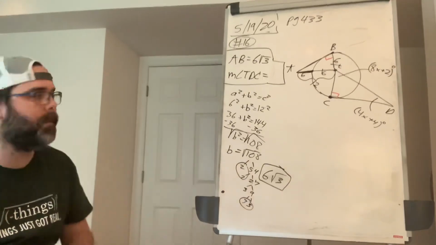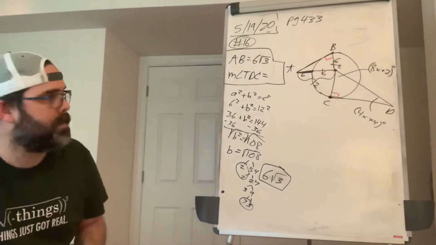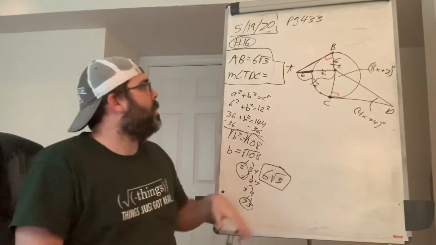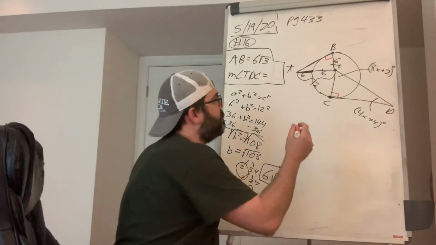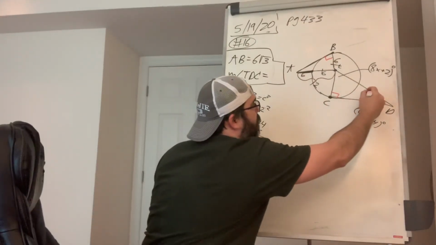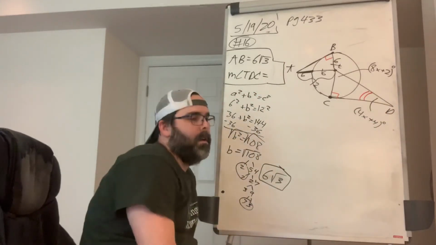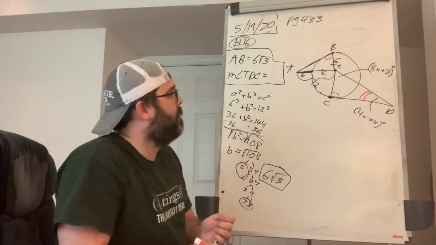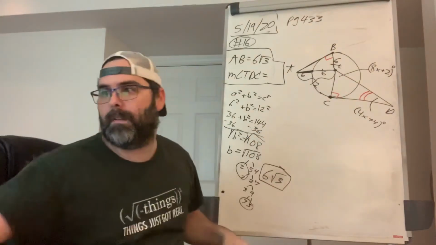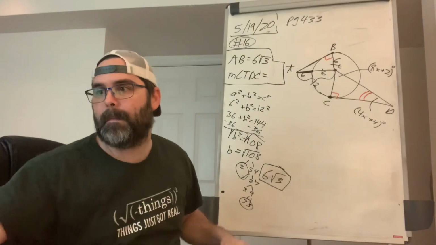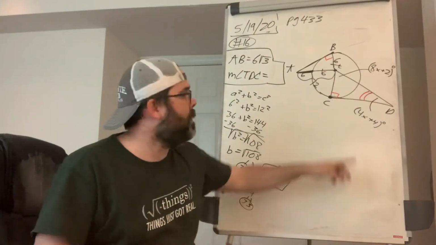No. All right, let's do the next one, which is to find the measure of angle TDC. This one's pretty simple, actually. We're looking for this angle here. We know that the sum of these 3 angles inside this triangle is 180, and we know this is 90.